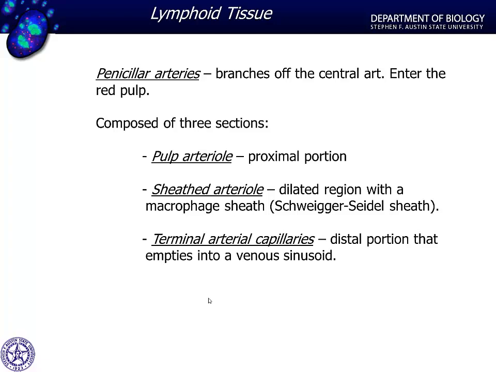Now, the last portion of the arterial system before we get to our venous sinuses are called terminal arterial capillaries, and this is the end of our penicillar artery category before we begin to dump our blood into a sinus so that the blood can be squeezed through and out into the pulp itself.